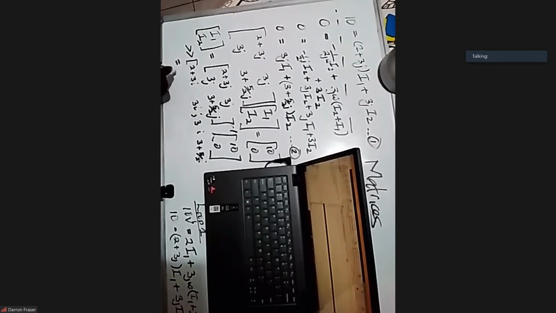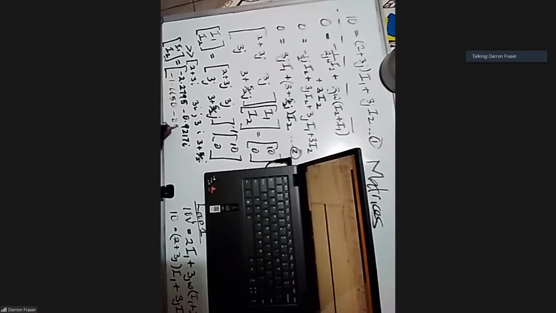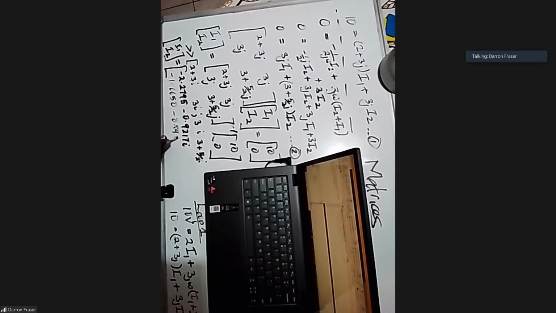So I1, I2 is going to be equal to negative 2.2795 minus 0.9217 i, and negative 1.6650 minus 0.892 i.